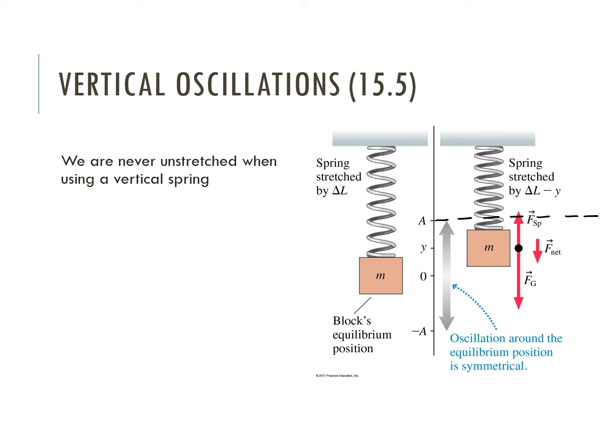So regardless of what amplitude we're at, or if we're at the equilibrium position, we have stretched the spring from its original position without the mass. So the spring is always going to be stretched.